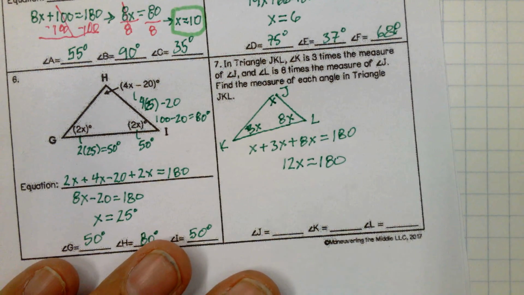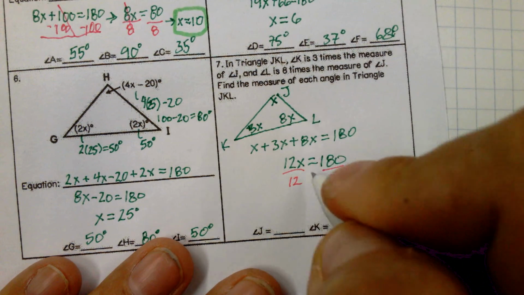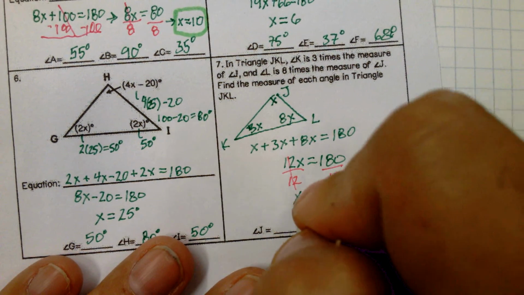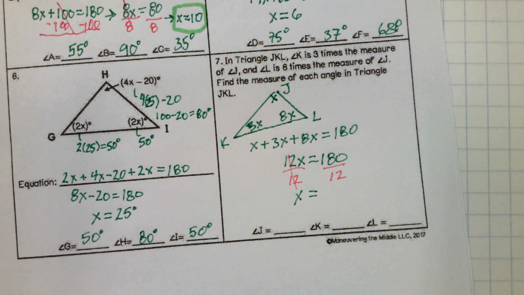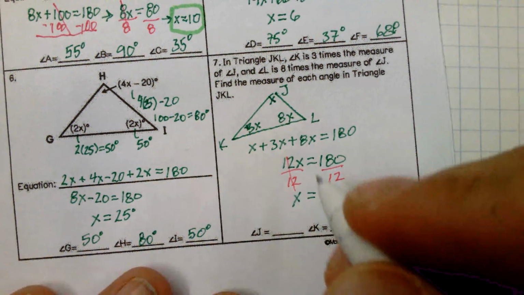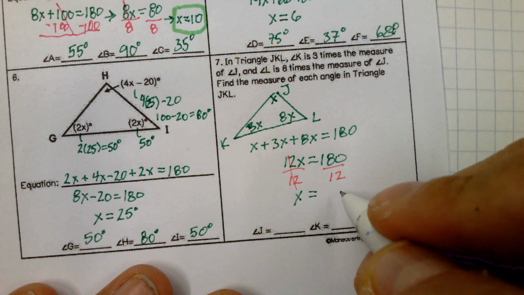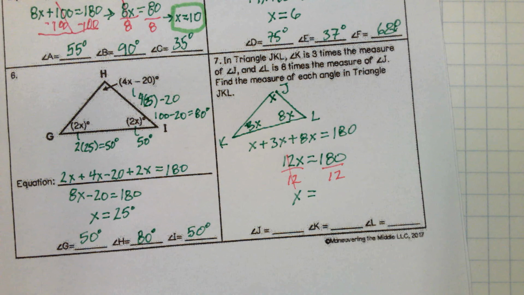Okay, let's divide by 12. And so how many times does 12 go into 180? 15? Let's just check. When in doubt, 180 divided by 12, 15.